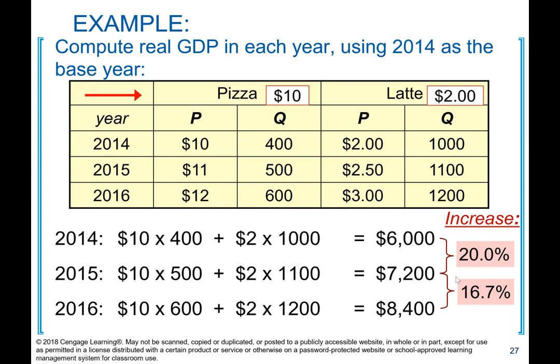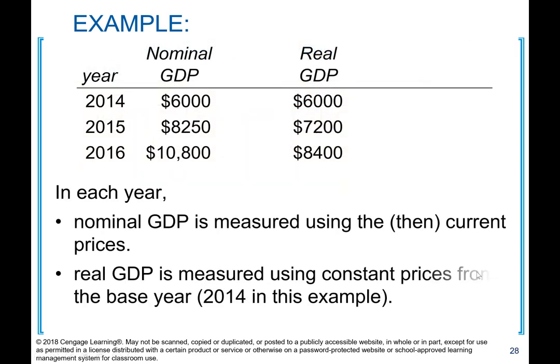This is what is usually reported as economic growth because it is corrected for price changes, corrected for inflation. In each year, nominal GDP is measured using then current prices. That is how we got these nominal GDP numbers. Real GDP is measured using constant prices. Here, we calculated real GDP by holding the base year at 2014.